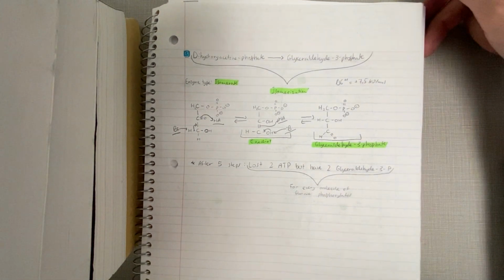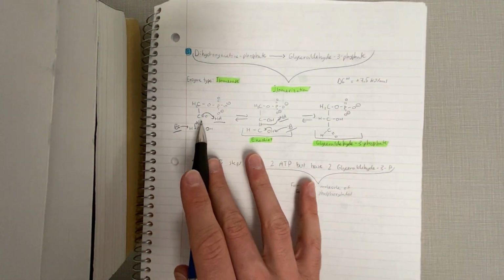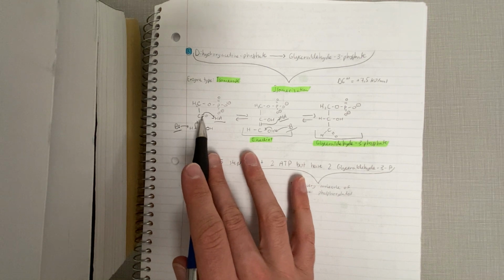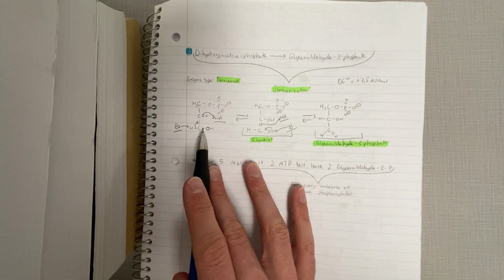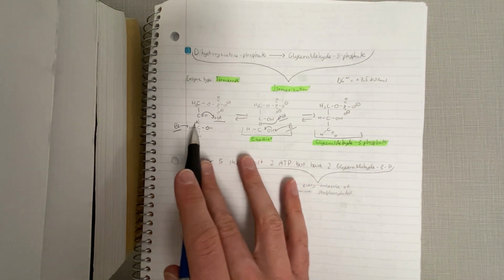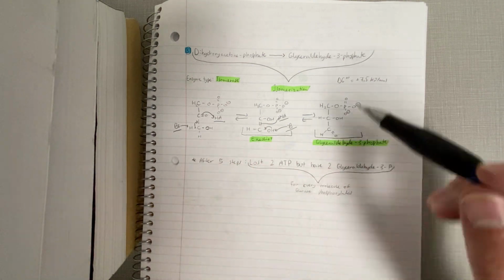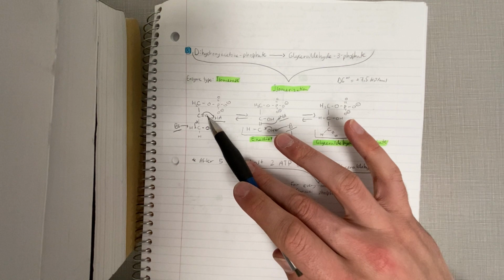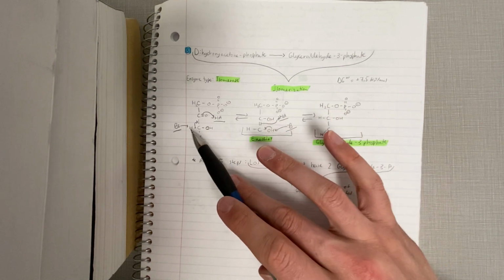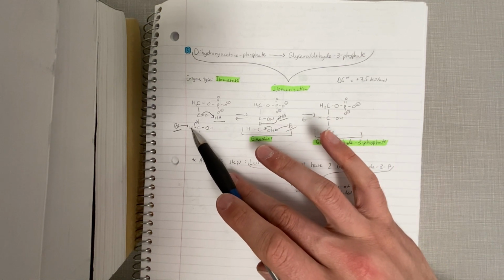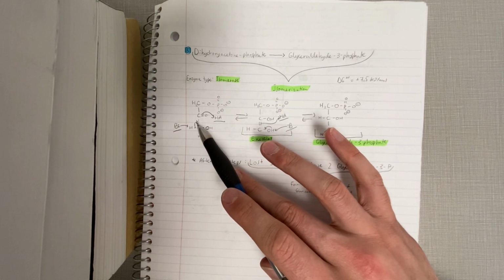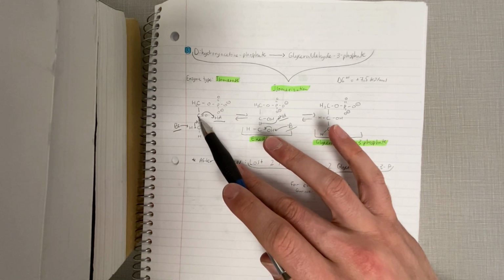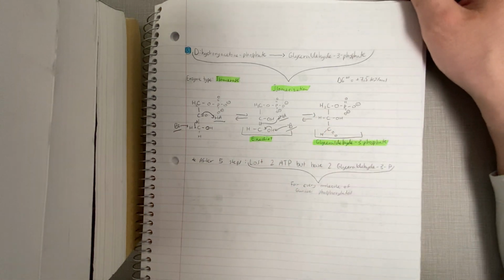For this to occur, we need to move this double bond here to form the aldehyde that we talked about earlier. So we are going to protonate this oxygen and deprotonate this hydrogen for this bond to roll down here and form a carbon-carbon double bond.